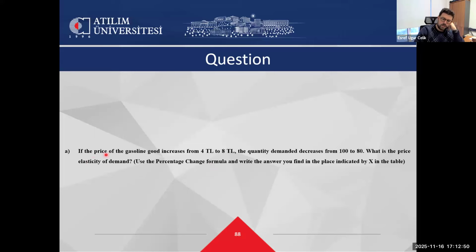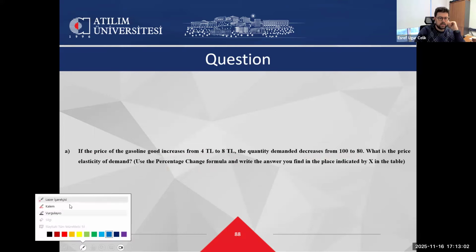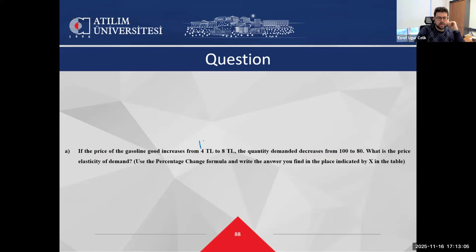Let's look at it. If the price of gasoline increases from 4 to 8, then quantity demanded decreases from 100 to 80. Using the percentage change formula, the first one is price P1, then P2, Q1, Q2.